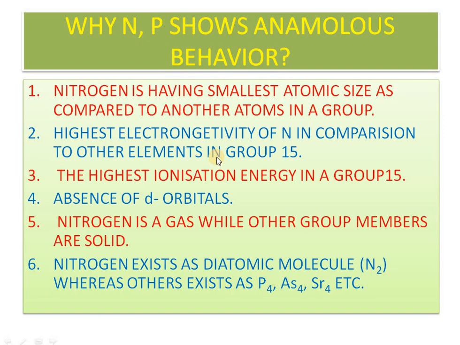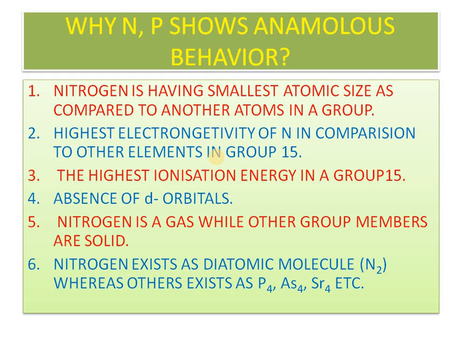So in detail, nitrogen is having small atomic size as compared to the other atoms in group 15. Highest electronegativity of nitrogen in comparison to other elements in group 15, means nitrogen is the most electronegative. Third is highest ionization energy in group 15.